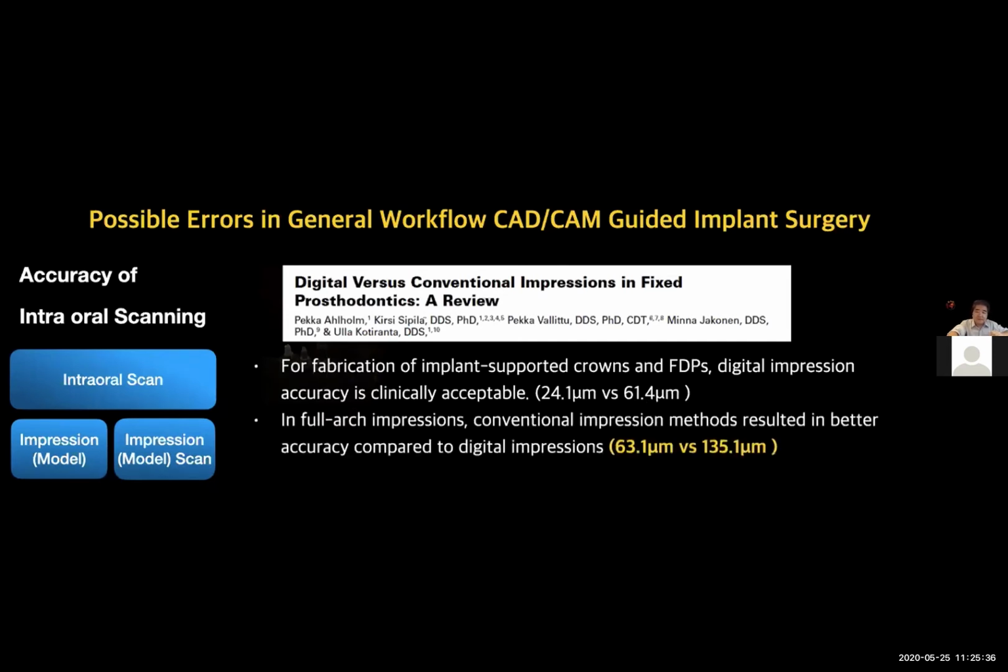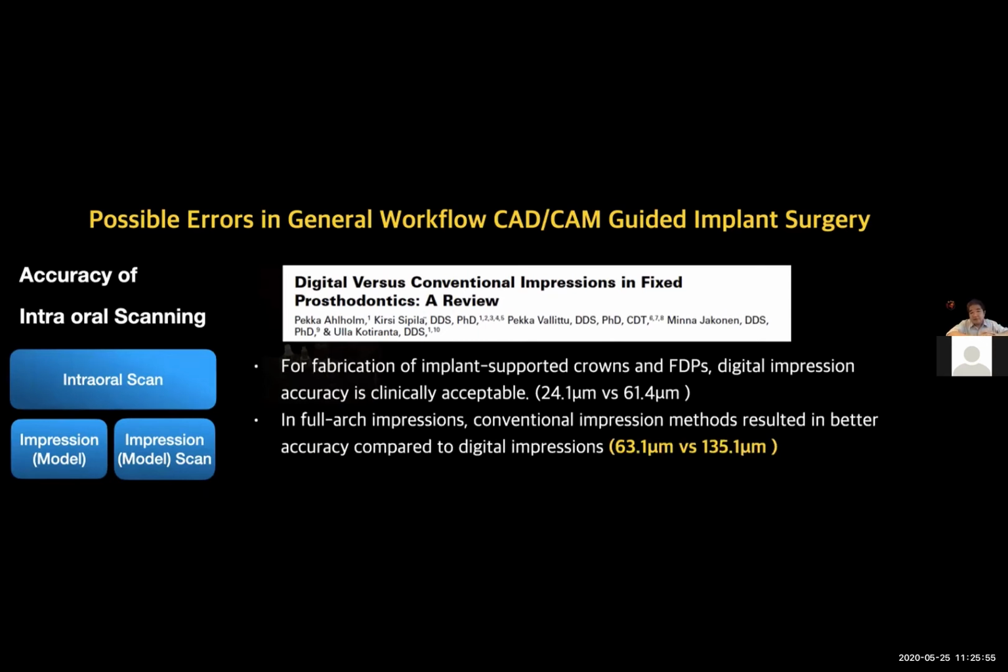However, in terms of the full arch, all of a sudden the error of the conventional PVS is 63 micrometers, that is quite acceptable. However, our intraoral scanning model is about 135, that is not acceptable.